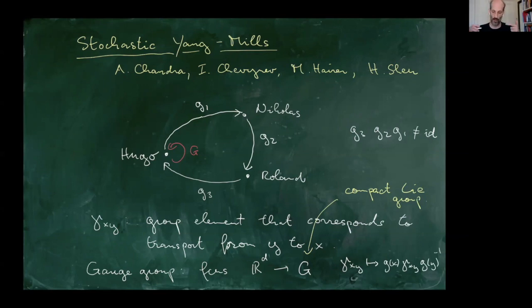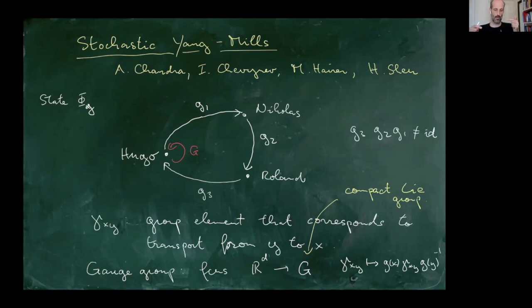Because you think of, if you have a state, so if you have a local state phi at some point y, since gamma xy transports from y to x. Okay, so you have a local state located at y.